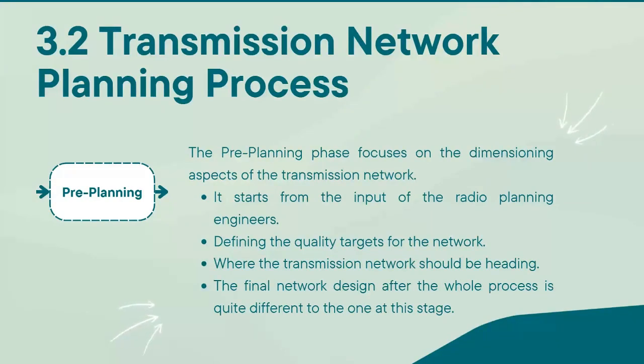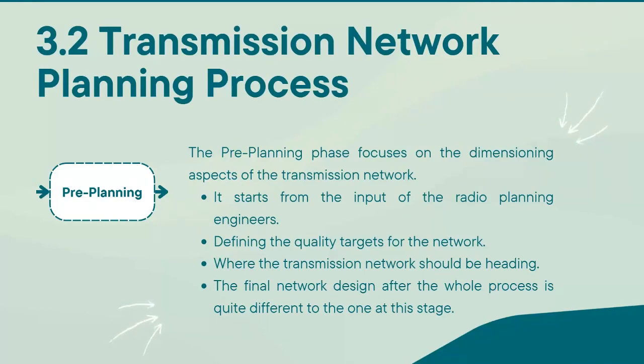Then the transmission planners start defining the quality target for the network and decide where the transmission network should be heading. In fact, in order to get a better idea to decide the position, they will think about the transmission products available, such as radio, base station controller, information on the media, and an imaginary network topology.